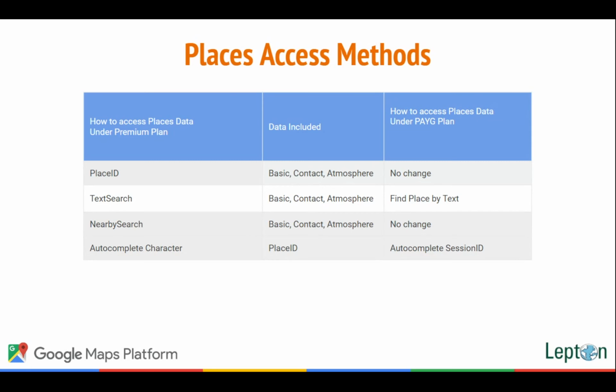Even a backspace, when I press backspace for rubbing out the first address, which was Sector 86 Gurgaon, I get charged. And then when I start typing Udyog Vihar Gurgaon, I get charged for the number of characters. But with autocomplete with session ID, I have an unlimited number of characters. And with autocomplete with session ID, the basic data of place details is freely available.